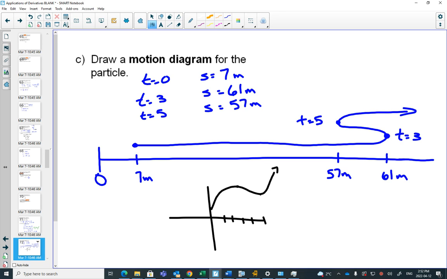But a motion diagram puts the times on there, and a graph spaces things out correctly. A motion diagram just labels, here's when it's 3, here's when it's 5, just when it changes direction. Whereas a graph can be wider and narrower depending on the time. All right, so there's something a little bit new, not that exciting.